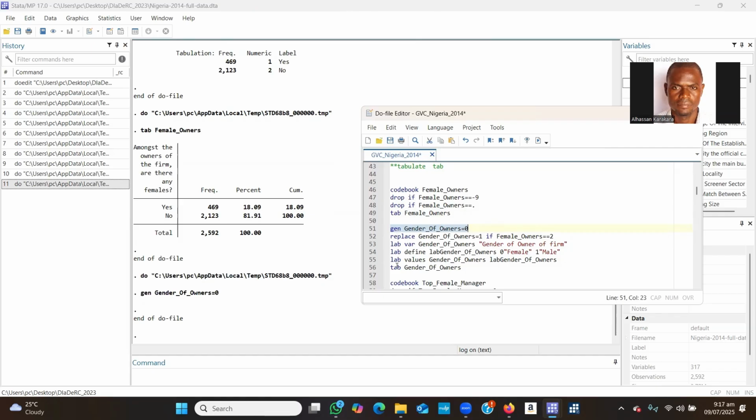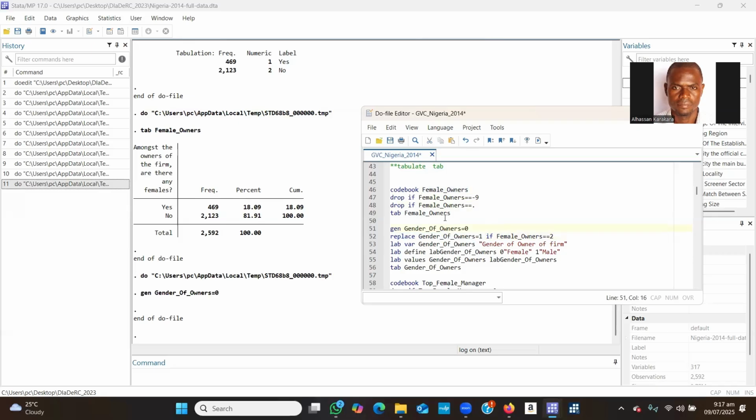So you need these steps. First is to generate a variable called gender of owners. The name I give this is slightly different from female owners; I want to use gender of owners of the firm. After generating this equals to 0, you need to replace gender of owners with the appropriate female owners.